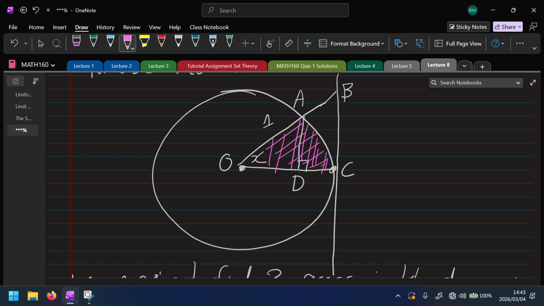Sorry? R. No, R is 1. Pi. The full area is pi. So the area is pi r squared. Here the radius is 1. OA is 1. So the area is pi.